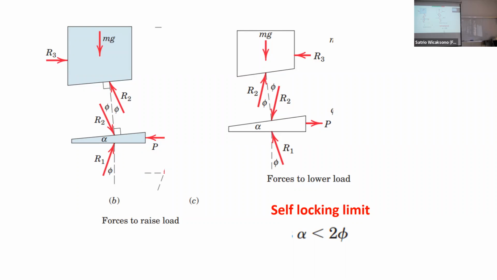Nah, yang ingin saya bahas sekarang, kenapa batasannya 2 pi? Perkirakan dari gambar diagram benda bebas ini, ada yang bisa memberikan input tadi? Kenapa kok bisa apabila alpha lebih besar daripada 2 pi, kemungkinan wedge-nya akan keluar sendiri?